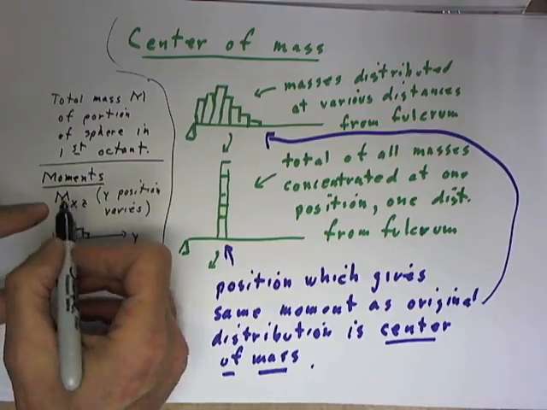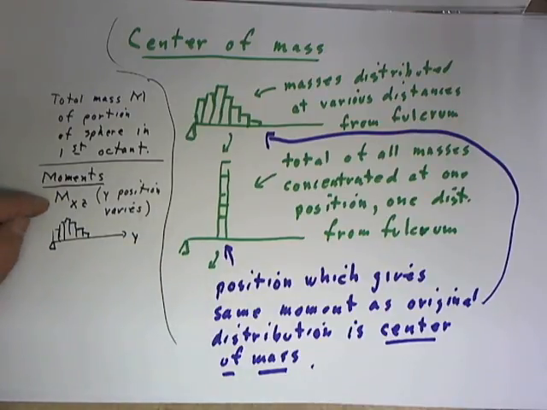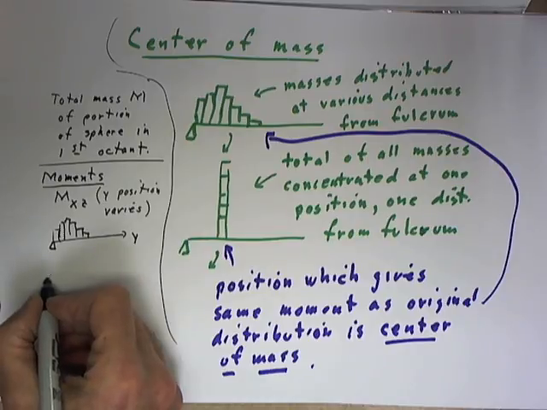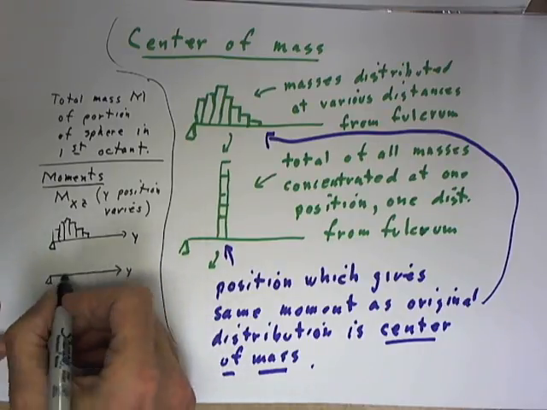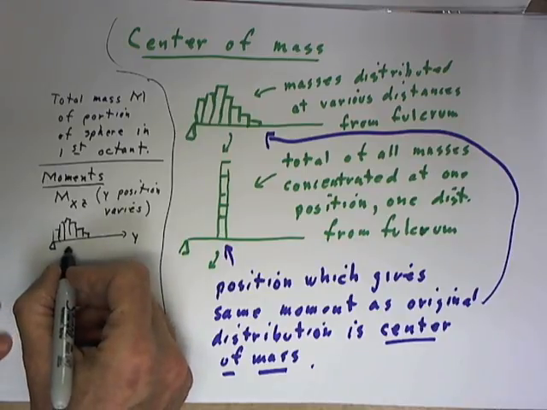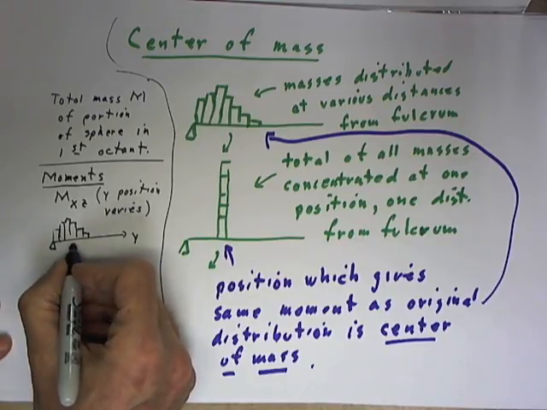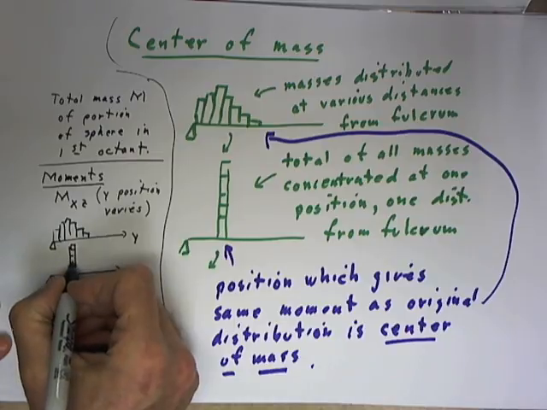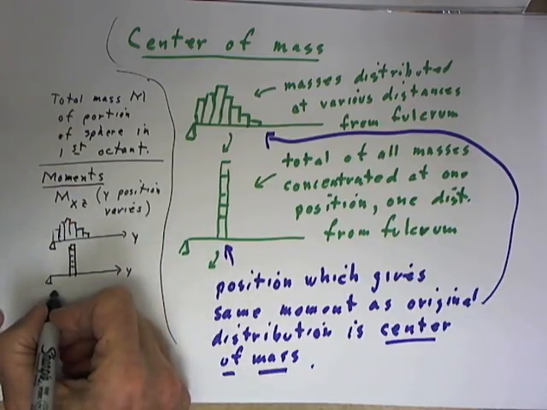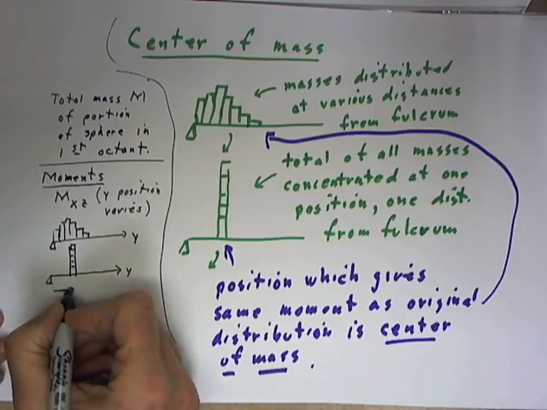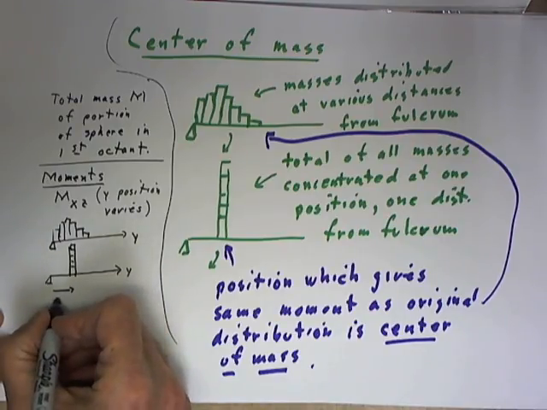First moment was mxz. So now we know the moment mxz, and we know the total mass. The center of mass would be the position on the y-axis where we would basically sum up all of these masses, and this position would be at position y bar.